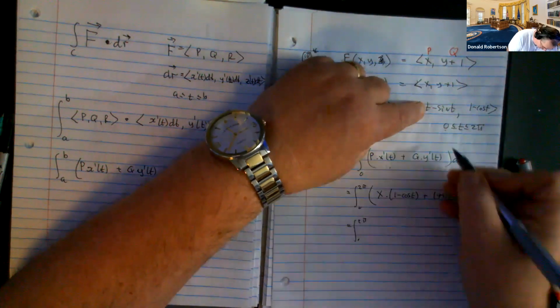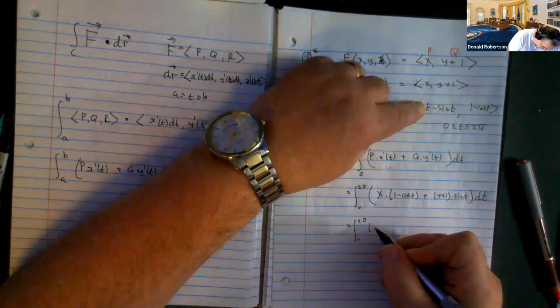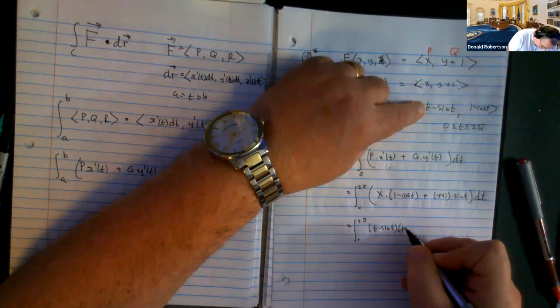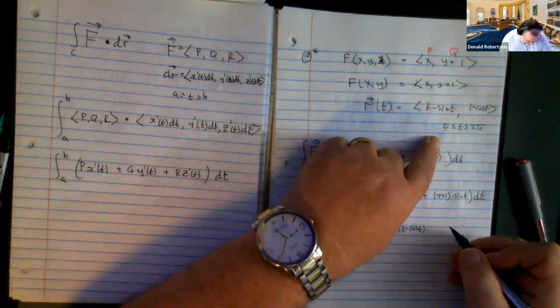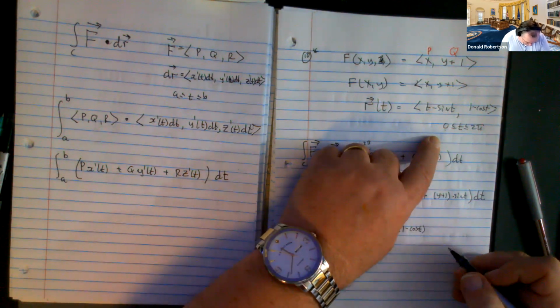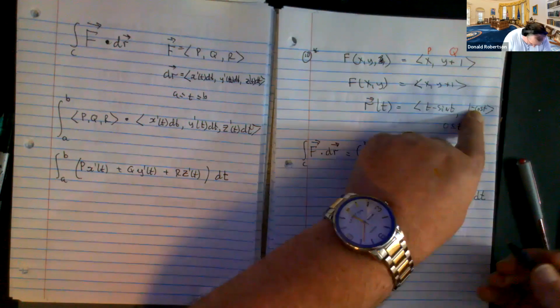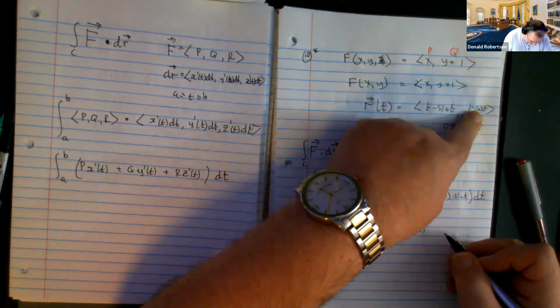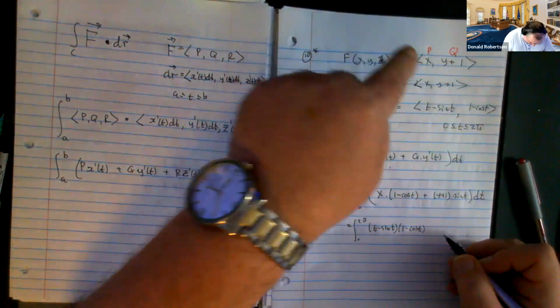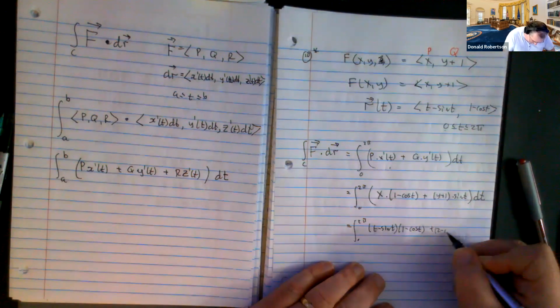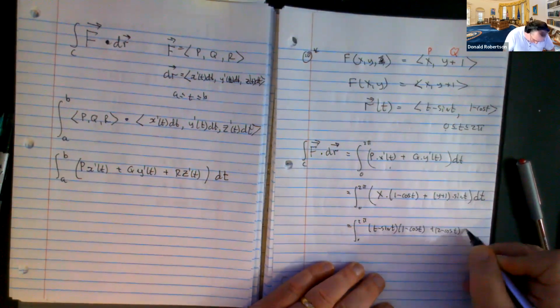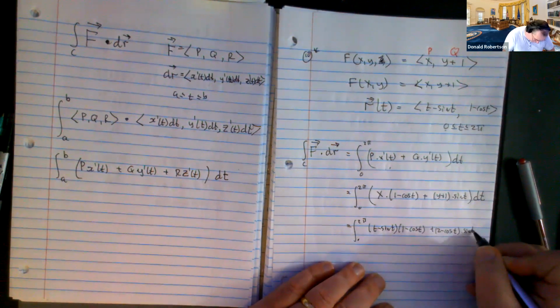So you end up with a t take away sine t, 1 minus cosine t, and a y plus 1 becomes this guy plus 1. That's why y plus 1. So 2 take away cos t times sine of t dt.